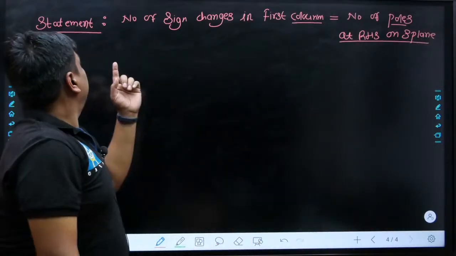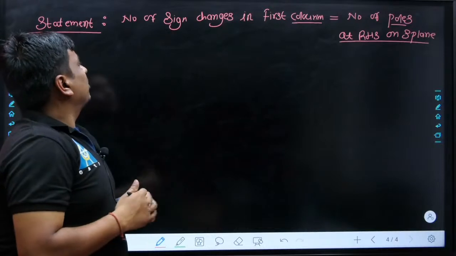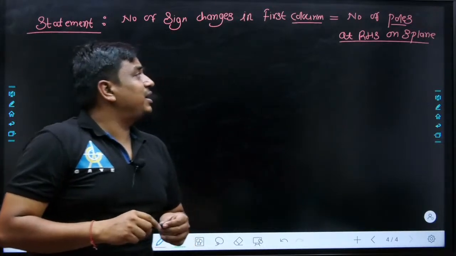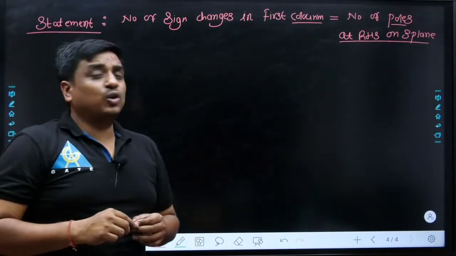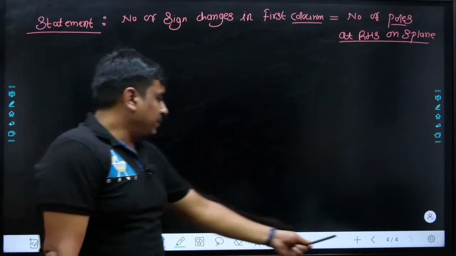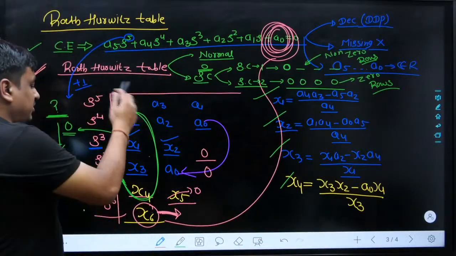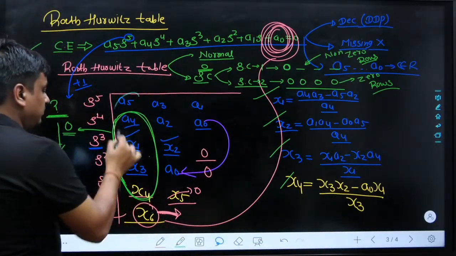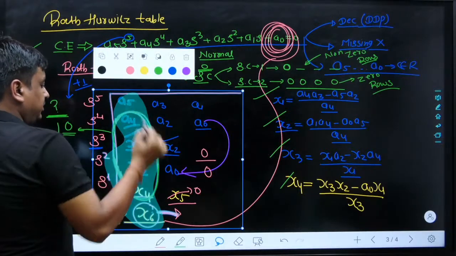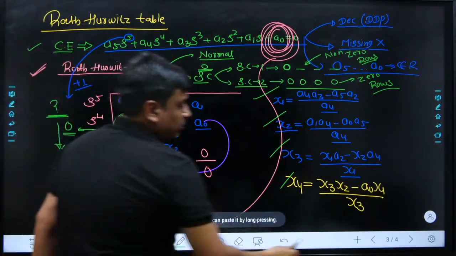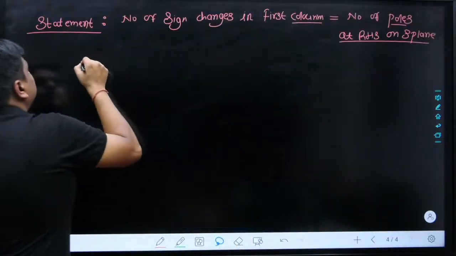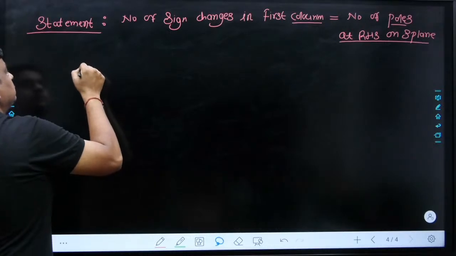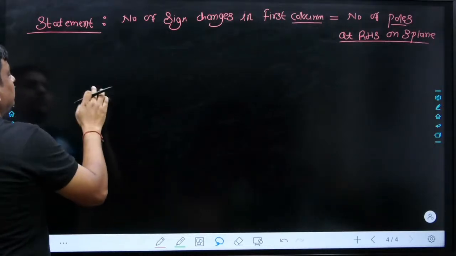I would repeat once again. The statement indicates the number of sign changes in first column is same as the number of poles at RHS on S plane. So let me go back. Let me copy this out. Let's see what data is getting copied. Here goes the data.